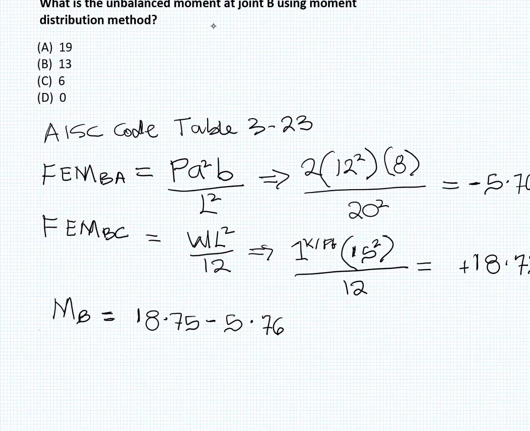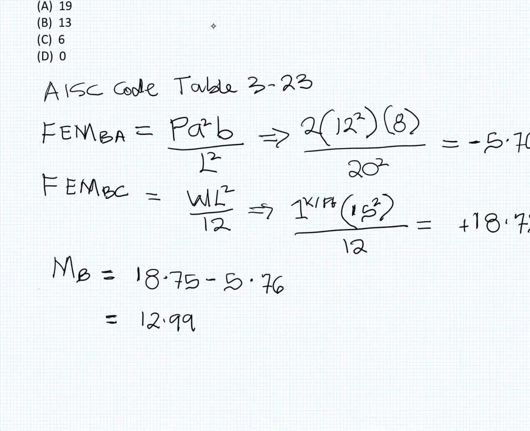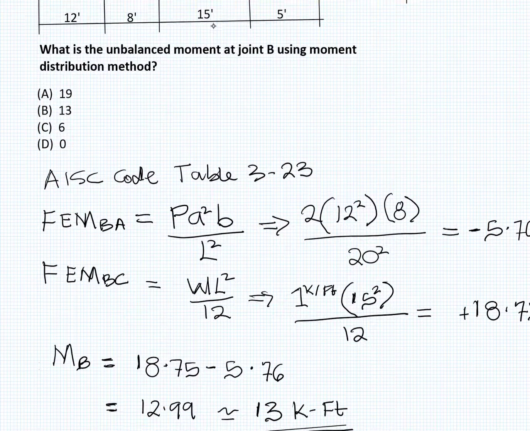The negative is there because it's negative here. Otherwise, if it was positive, you would add it together. You add it up and you have 12.99, which, if you approximate to the nearest whole number, becomes 13 kip feet. And that's your answer. When you go to the options here, you discover that B is your final answer.